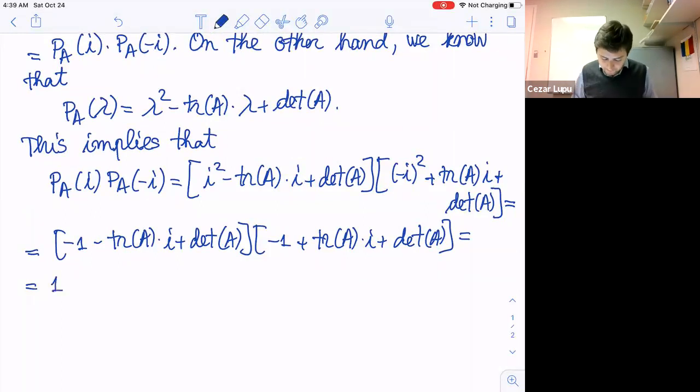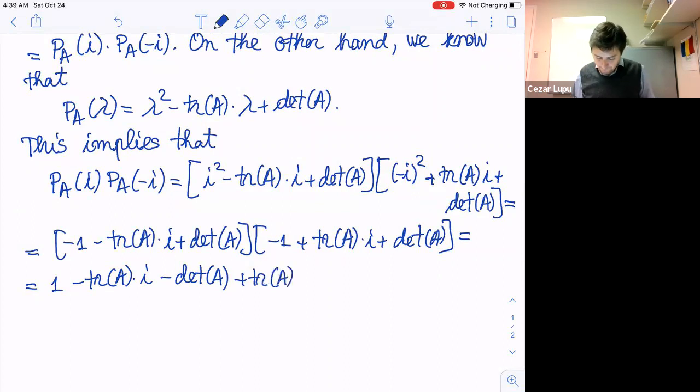So it will be 1 minus trace of A times I minus the determinant of A plus trace of A minus trace squared of A minus trace of A times the determinant of A.